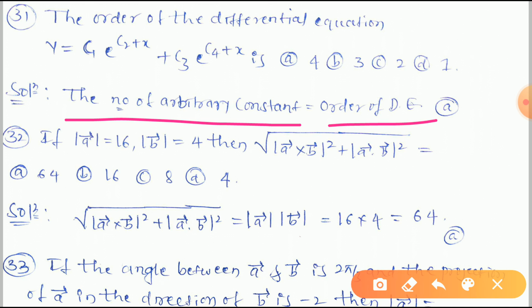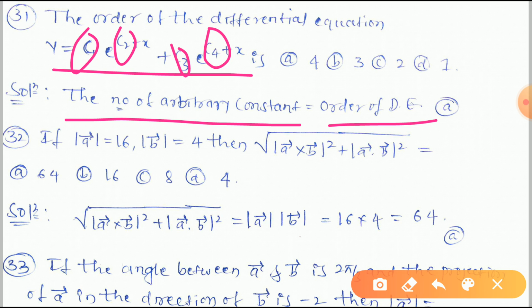Here the number of arbitrary constants is c1, c2, c3, c4. Therefore the order of the differential equation is 4. Therefore the right choice of this question is A, that is 4.